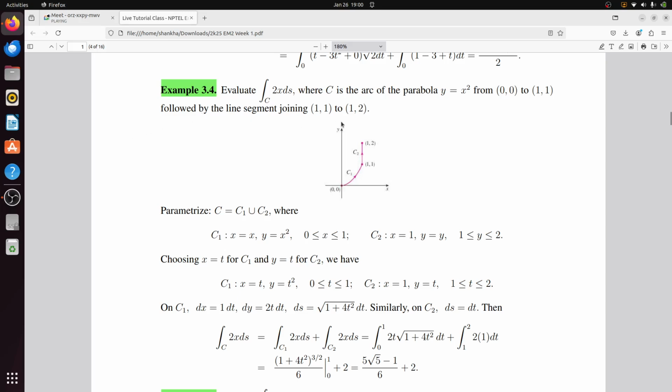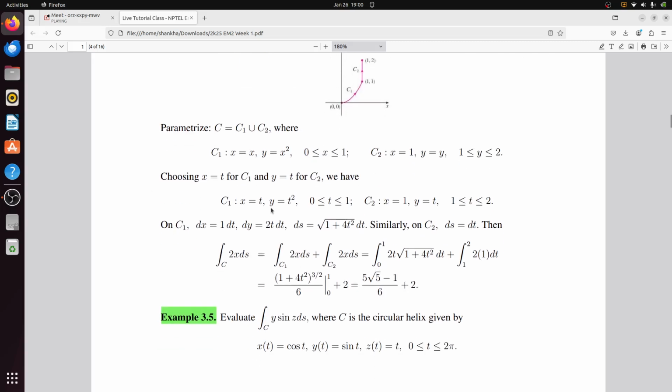For the line segment joining (1,1) to (1,2), your x coordinate is fixed at 1 and your y coordinate varies from 1 to 2, and y will be just t. So choosing x equal to t for C1 and y equal to t for C2: C1 is x equal to t, y equal to t square, t from 0 to 1, and C2 is x equal to 1, y equal to t, t from 1 to 2.